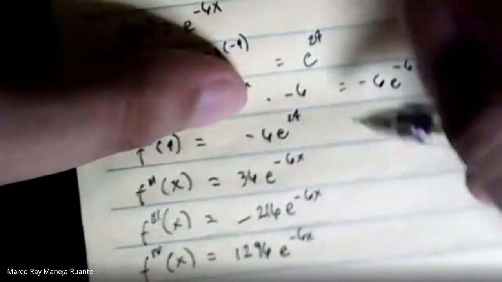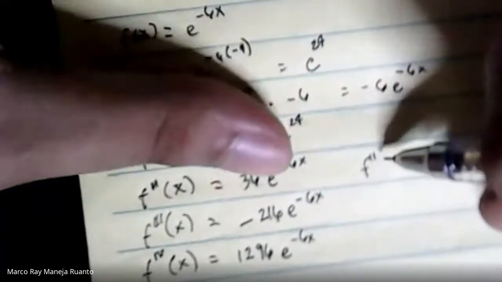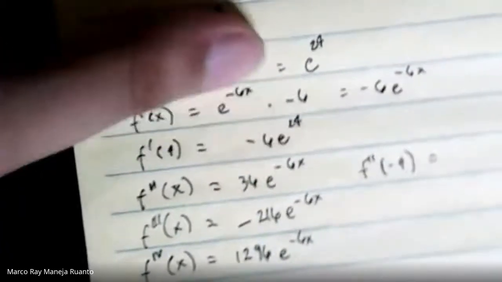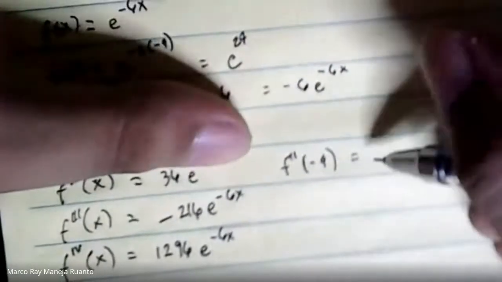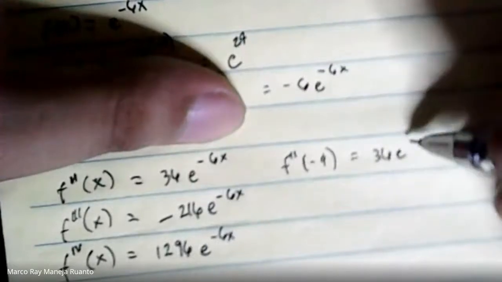Okay, so f double prime of negative 4 will be equal to 36 e to the positive 24.